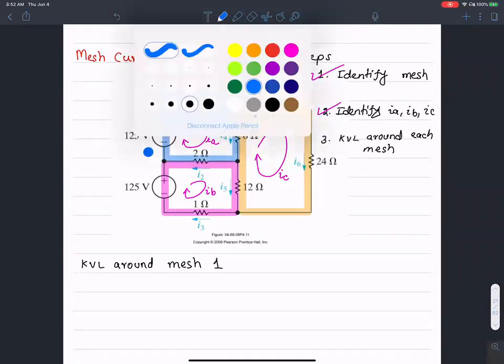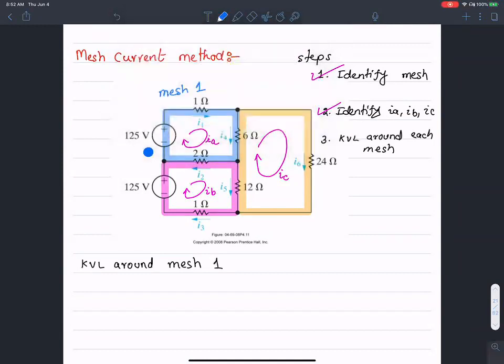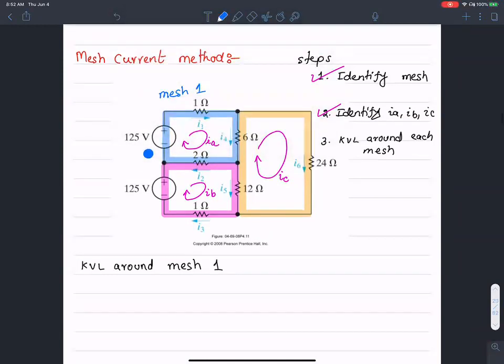For the KVL, we would have negative 125 plus 1 ohm times IA plus 6 ohms times IA.